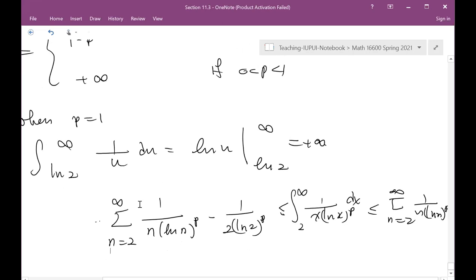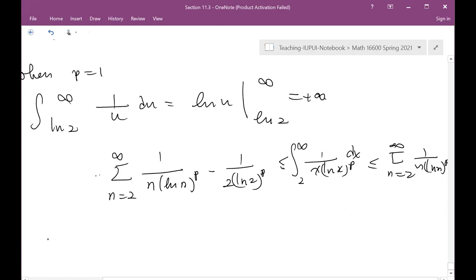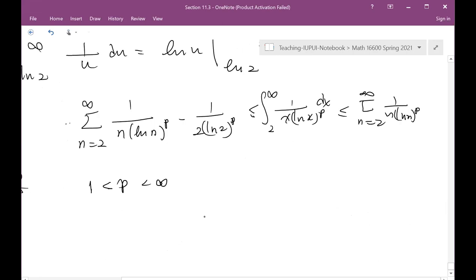In the case where p is greater than 1, the integral is less than infinity, and I can tell the sum is greater than the value.